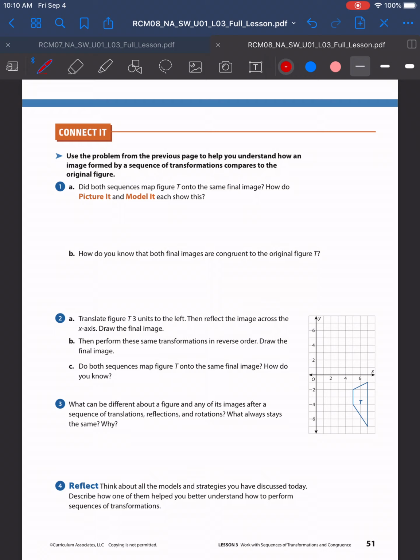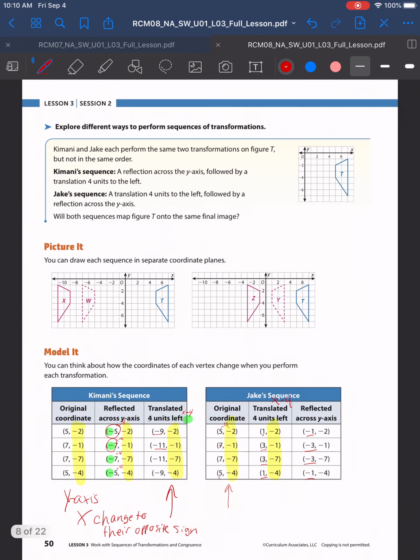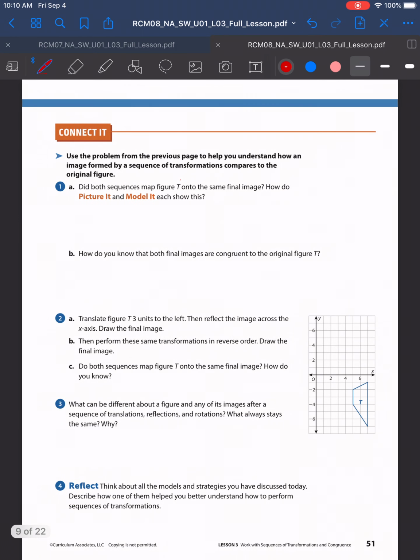Moving my book. Did both sequences map figure T onto the same final image? How do you know? No. So just because they did the same translations but different order does not mean that the shape will land in the same spot, okay? So how do picture and model each show this?